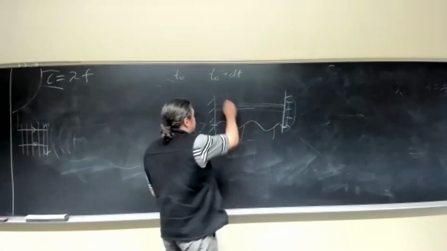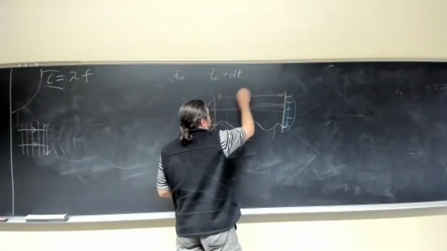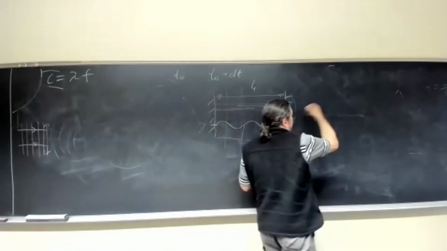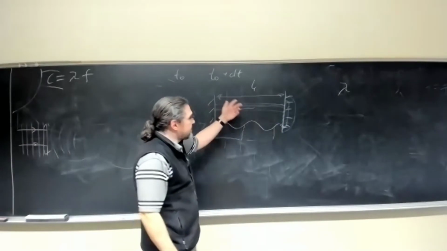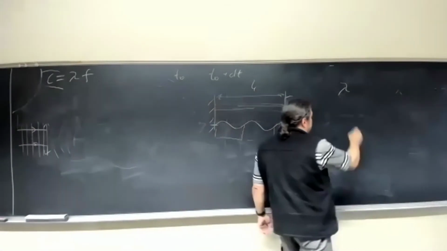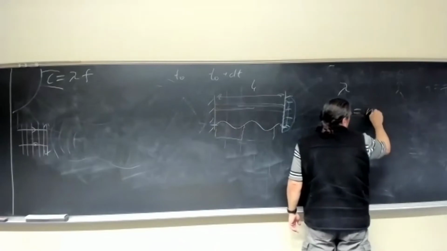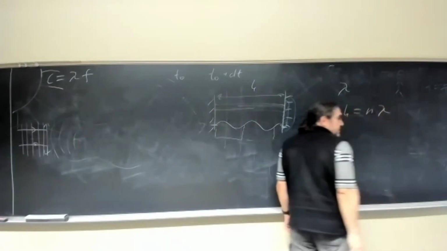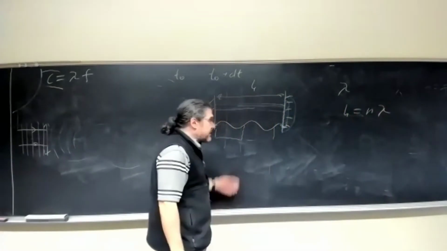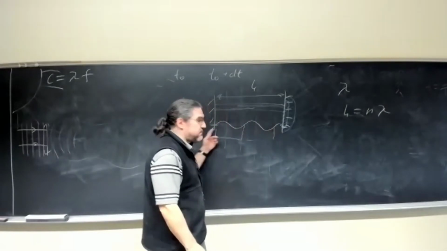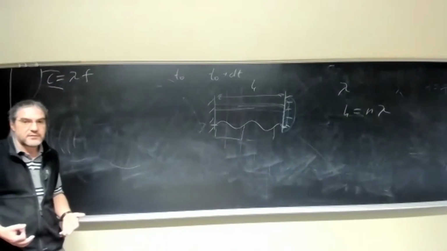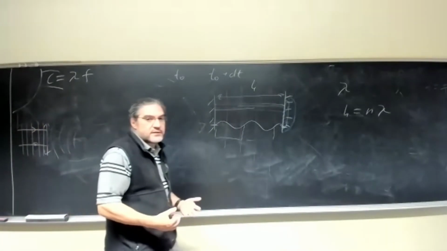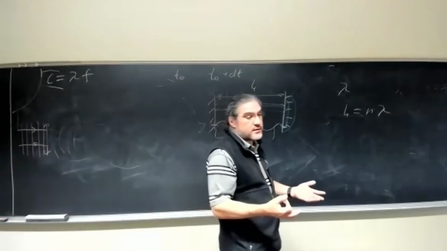So if this is the length L of my resonator and the wavelength of my light is lambda, then if L equals n times lambda, the wave which is coming back and forth will be exactly in phase with itself, right? And so it will always stay there.